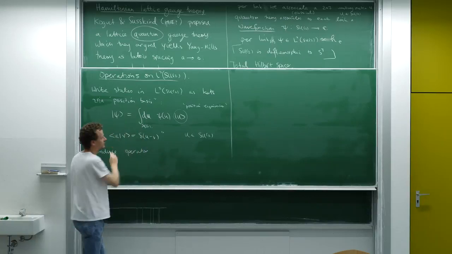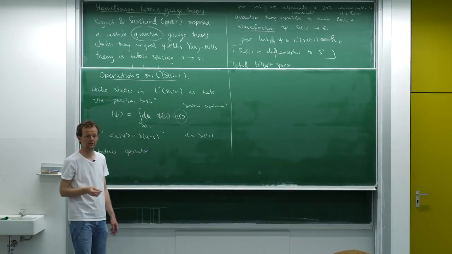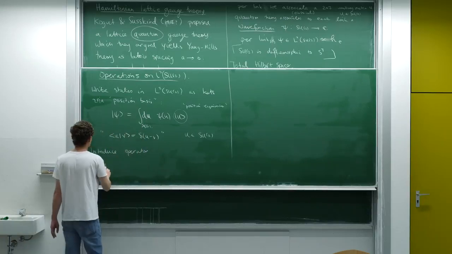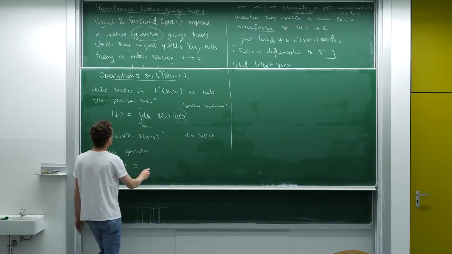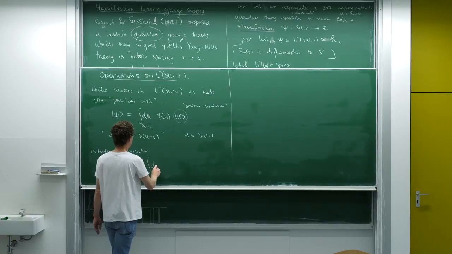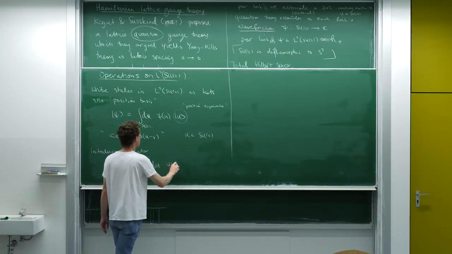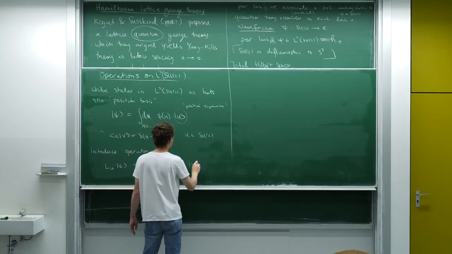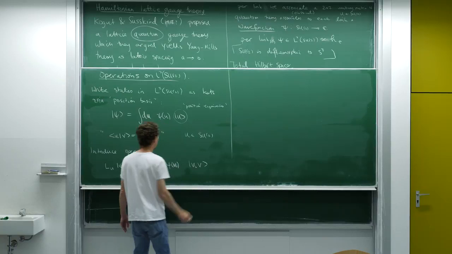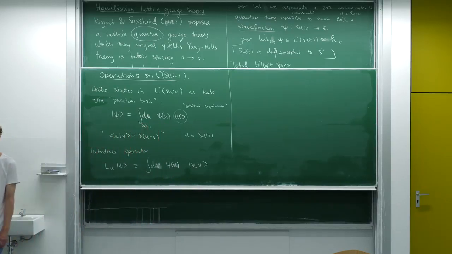And we're going to introduce our first operator on this Hilbert space called left multiplication. So L of u of psi is defined to have this action here.